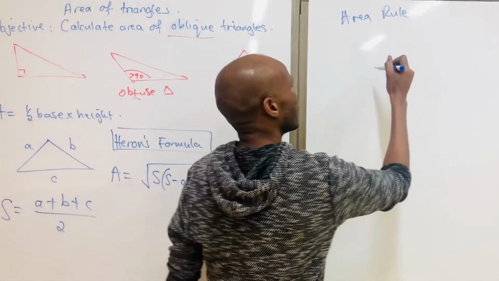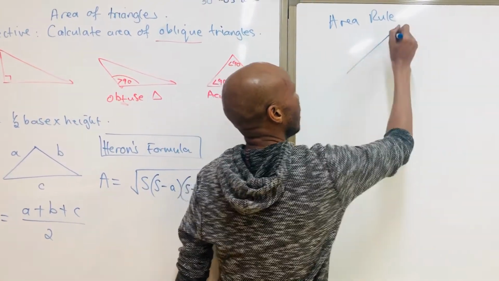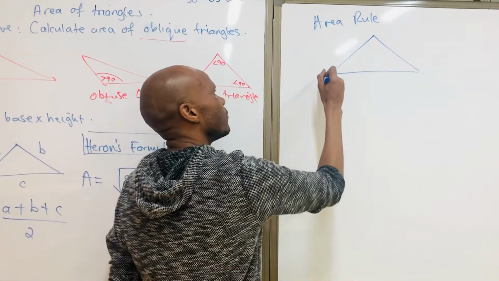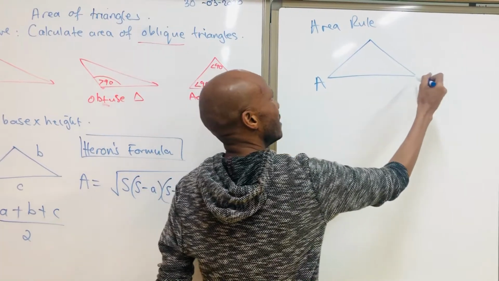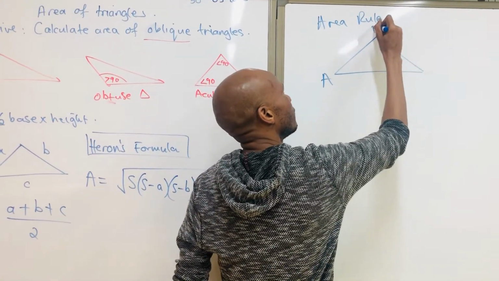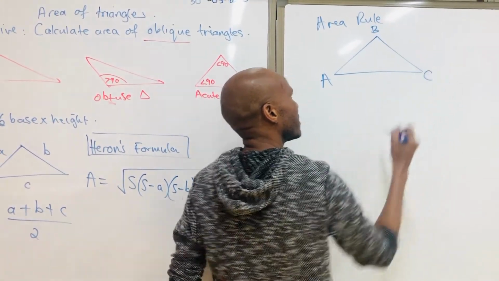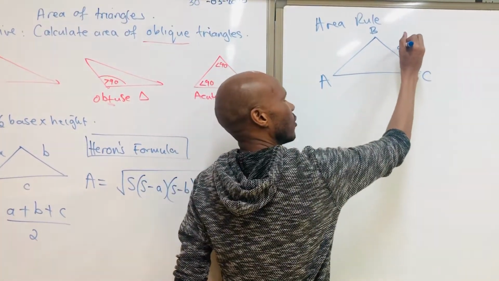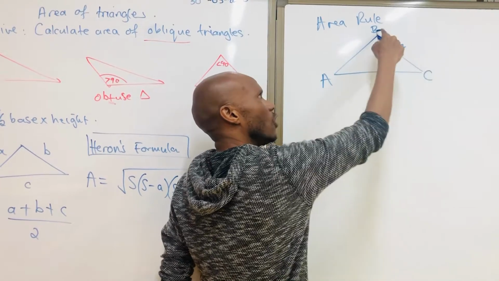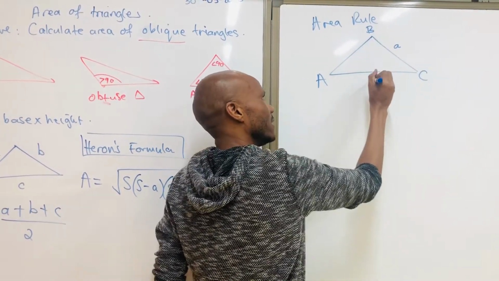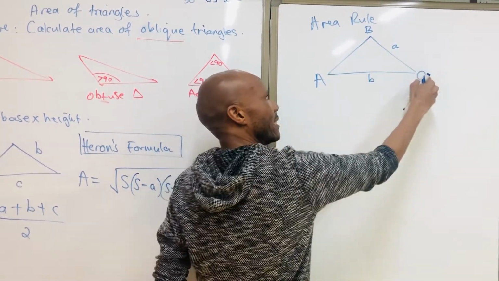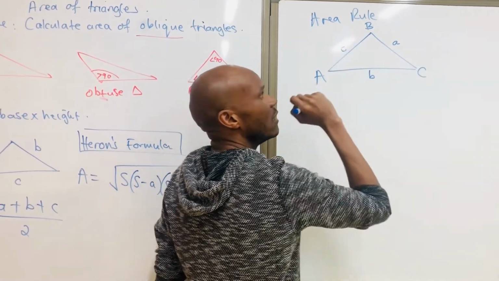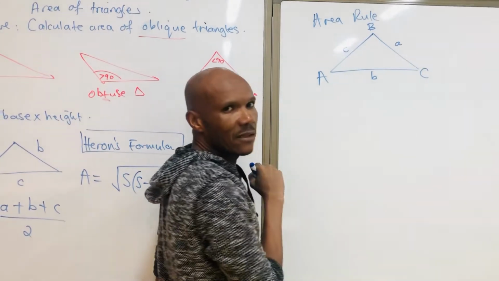The second situation is if you are given a triangle like that, with angle A, angle B, angle C, and opposite angle A is small a to represent the side, opposite angle B is small b, and opposite C is side c.